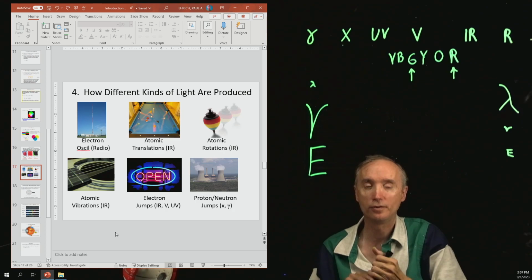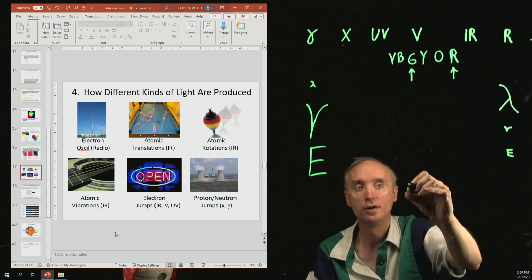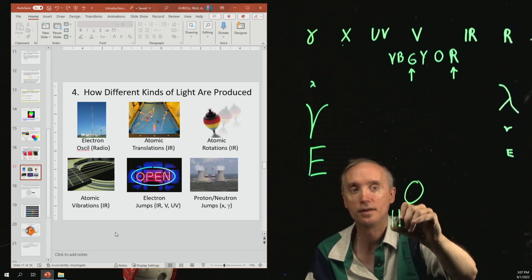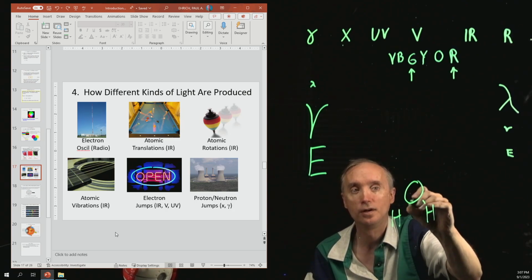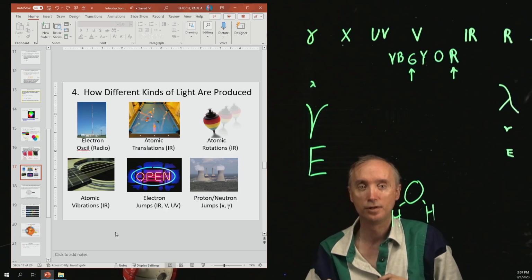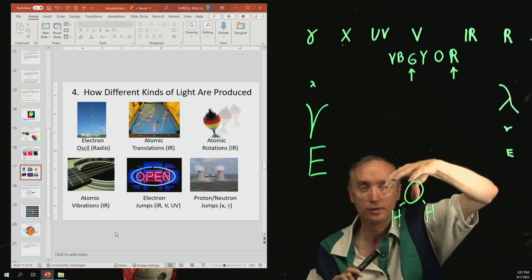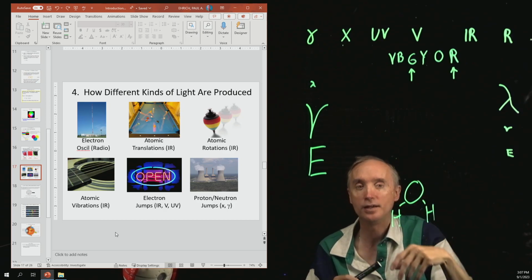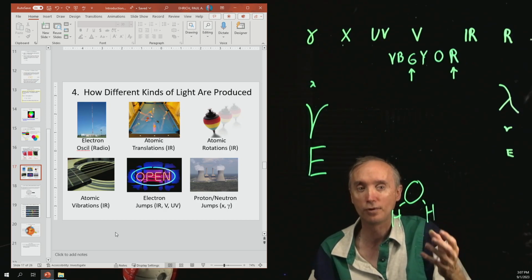Do you remember, for example, that water was H2O? So it's got an oxygen, and then it's got two hydrogens on it like that. Well, you could take water and spin it, and as it's spinning, it's going to be giving off infrared light, heat.